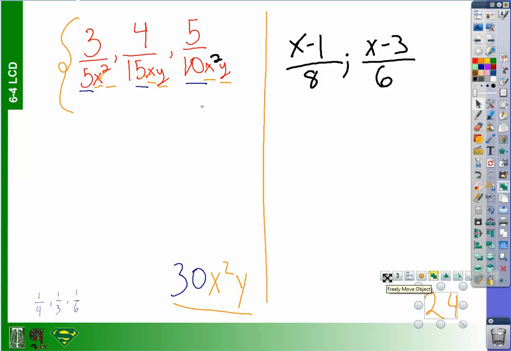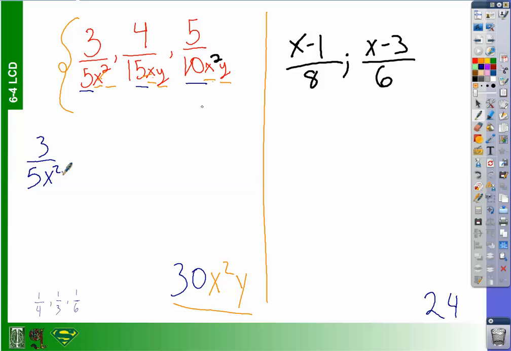And so let's take a look at our first fraction. We have 3 over 5x squared. What do I need to multiply the denominator by so that it'll end up being 30x squared y? Well, we'll have to multiply 5 times 6, right? 5 times 6 is 30.